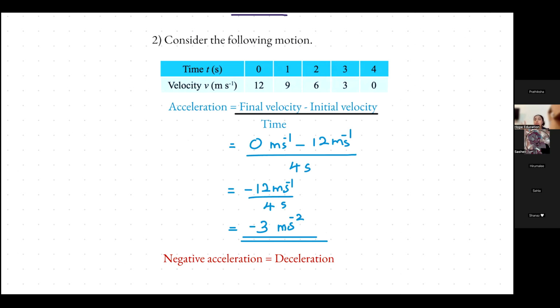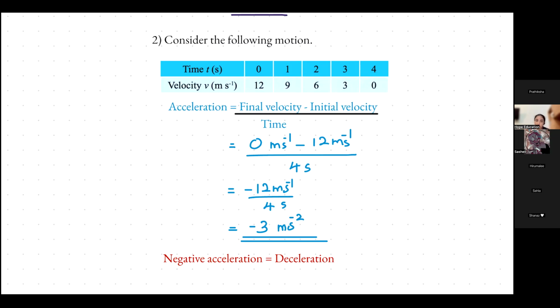If they keep braking, the vehicle will stop as well. It is like that. Look, the starting velocity was 12, then 9, then 6, then 3. Finally, the velocity is 0. That means the vehicle stopped. Here, what has happened is that velocity has gradually decreased. We call that deceleration.